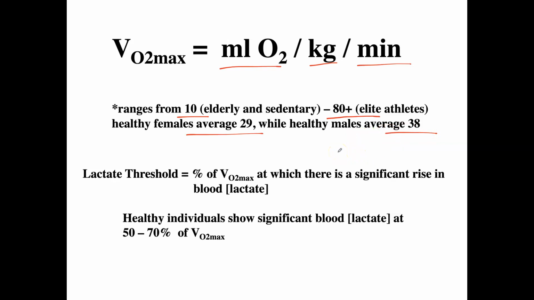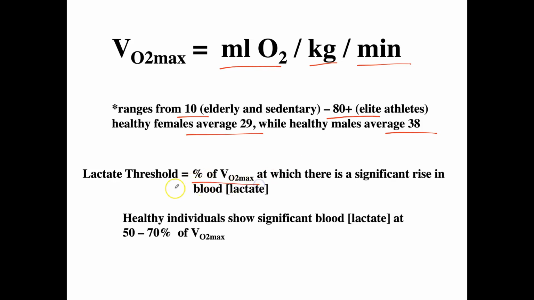But if you train yourself, your VO2 max number will increase, and that will increase your ability to perform endurance exercises. To maximize your endurance training, it's actually important to know what's called your lactate threshold. Your lactate threshold is a percentage of your VO2 max.